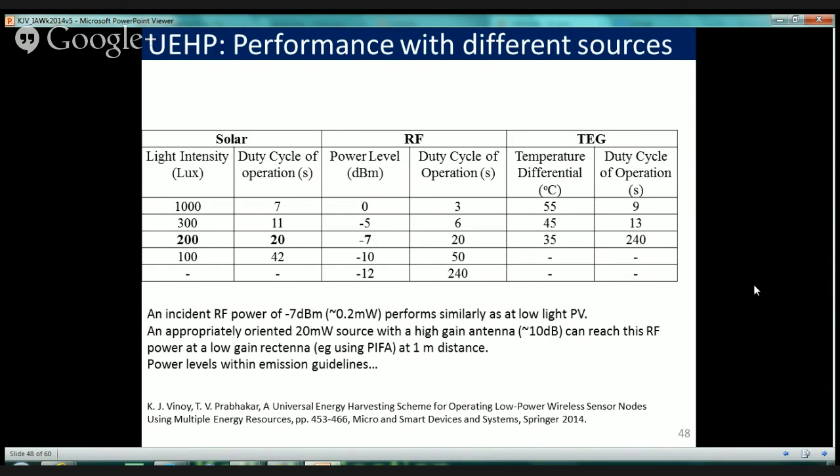But interestingly, the duty cycle, which is the time to transmit, with an RF power level of -7 dBm, which is 20 seconds, is comparable to what happens indoors with a light intensity of the order of 200 lux. So it's not too bad indoors compared to a typical PV harvesting scheme.